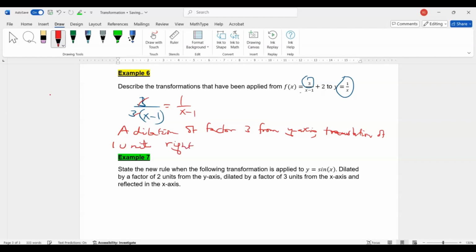We want to get rid of the negative 1, followed by a translation of 2 units down.